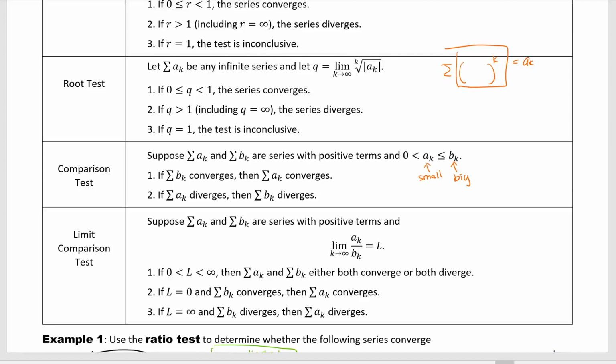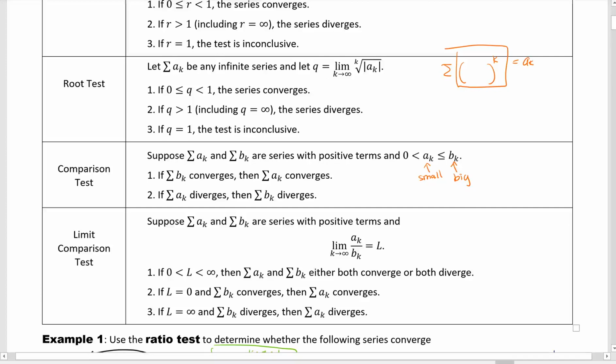Then we know if the big guy converges, then the small guy converges. If the small guy diverges, then the big guy diverges. This is very similar to what we did for the comparison test for improper integrals. If the big guy is finite, then the small guy is finite. If the small guy is infinite, then the big guy is infinite. Right now we just replace the integral by the sum, so they work the same. Our unknown series could be the big guy or the small guy.